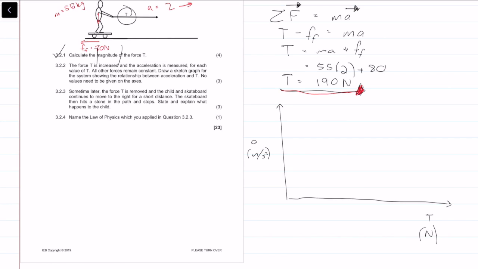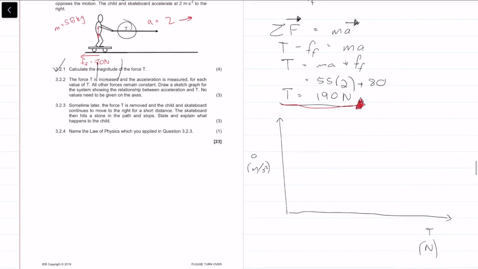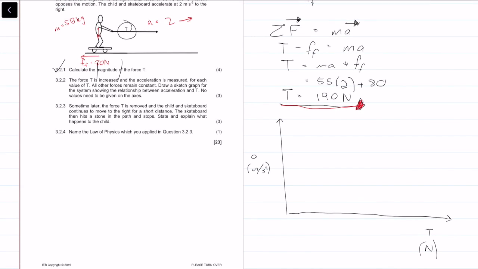First we have to actually understand the relationship that exists here. Let's think about this. We have this relationship: F, or in this case T, is equal to m times a.